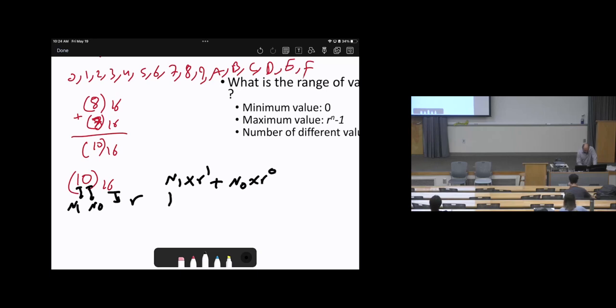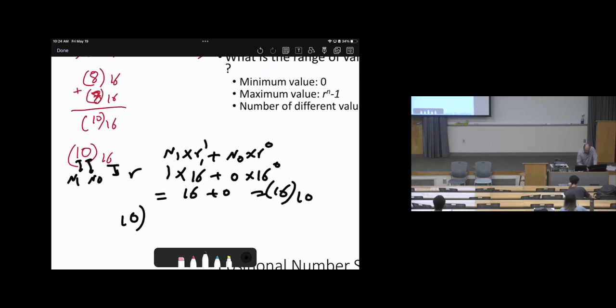N1 is 1 times 16 power 1, plus N0 is 0 times 16 power 0. Then it's going to be 16 plus 0, which is 16. This is in decimal. So 10 hexa equals 16 decimal, depending on the representation. You need to be aware of all of these quantities.